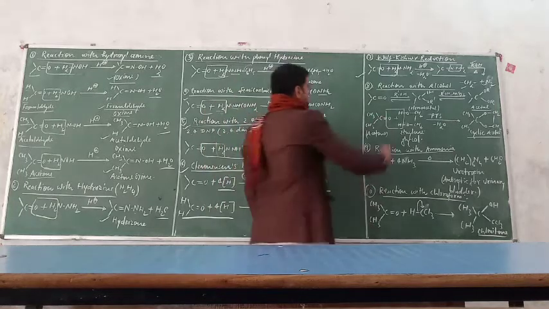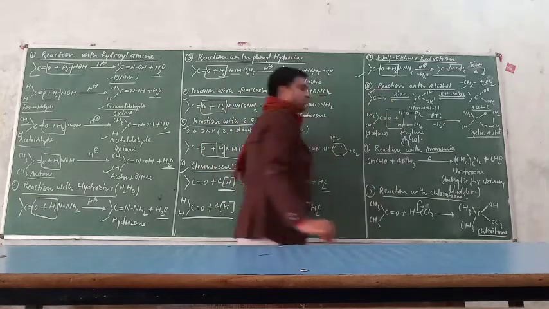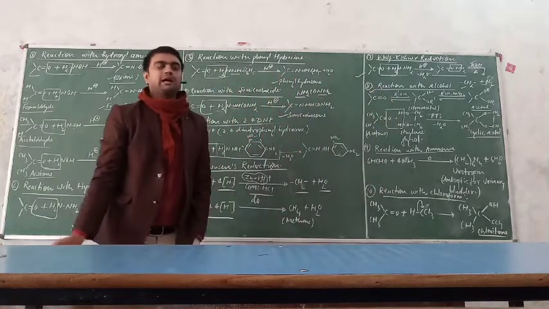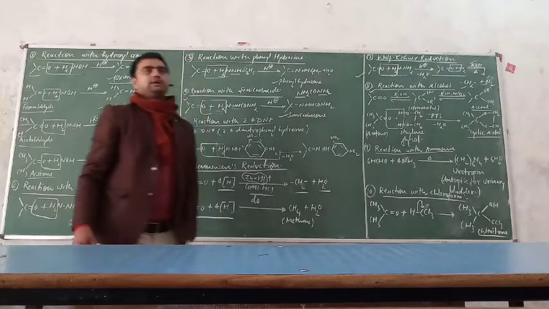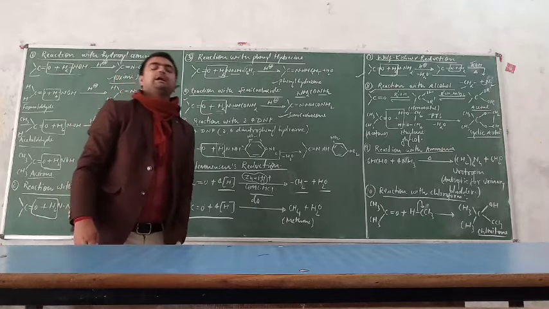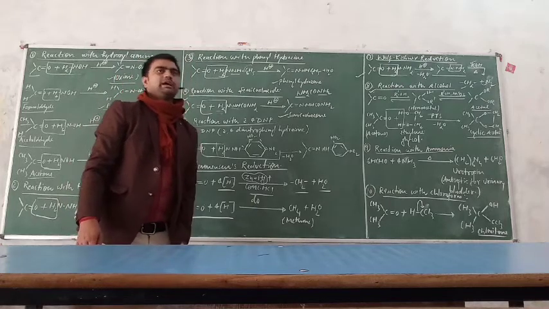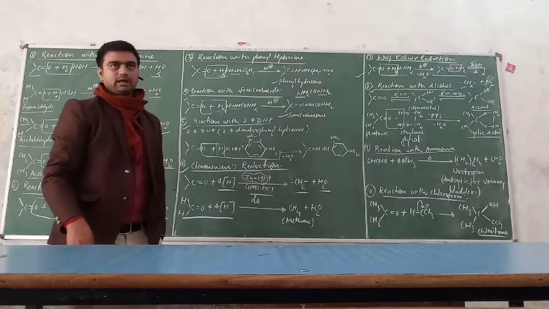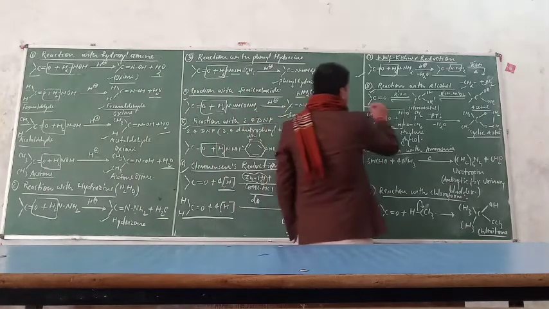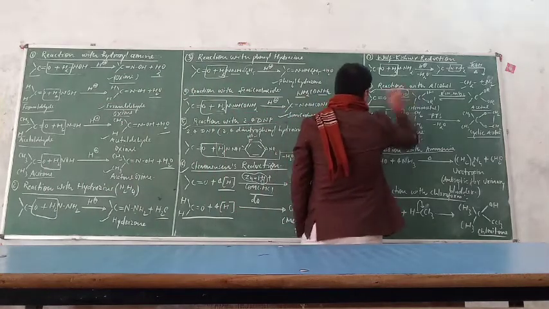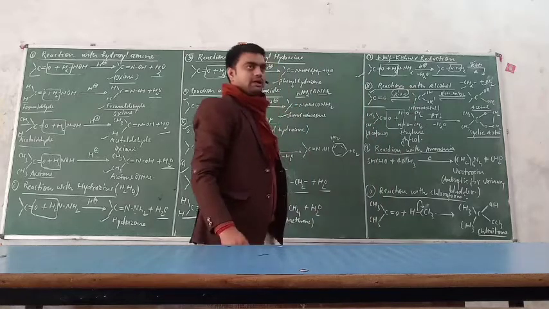Now come to the reaction with alcohol. When any carbonyl compound reacts with alcohol, then hemiacetal or acetal is formed. Clear? How can you explain this reaction? This is the carbonyl group, and this is the alcohol, R-OH. Clear?